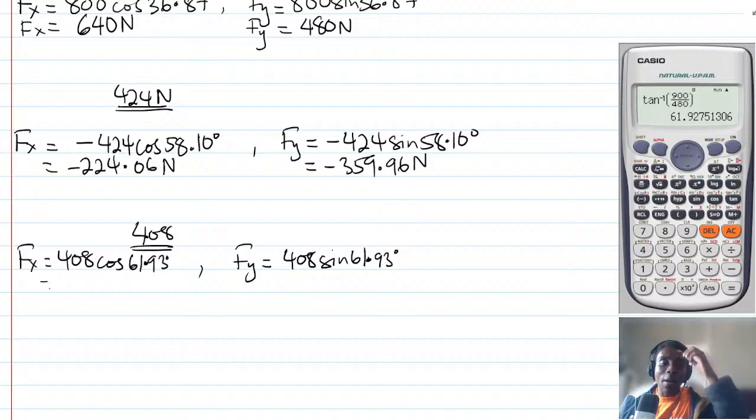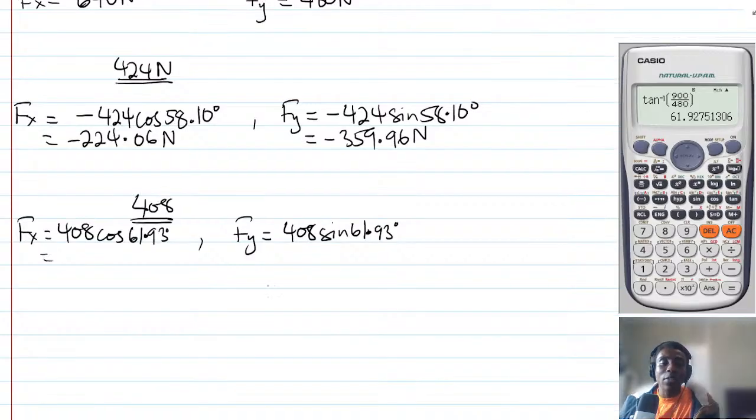So I think the x component is positive, but the y is going to be negative. Let's quickly do this. So 408 cosine 61.93, and that's basically, yes, please, it will be saved.